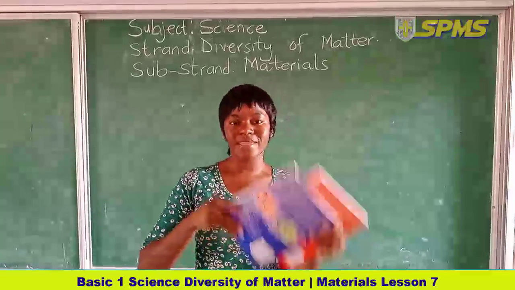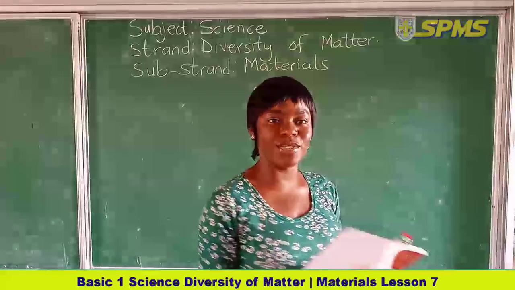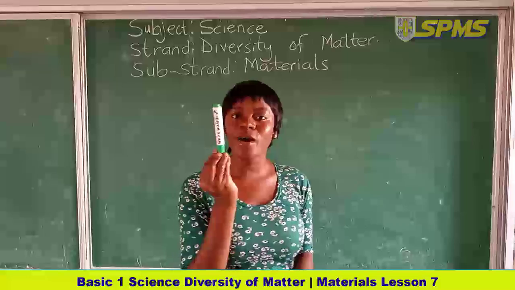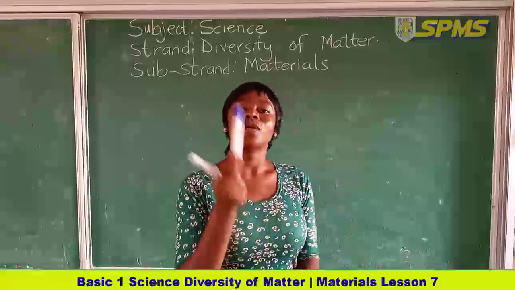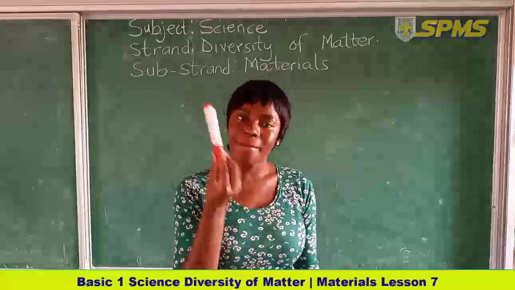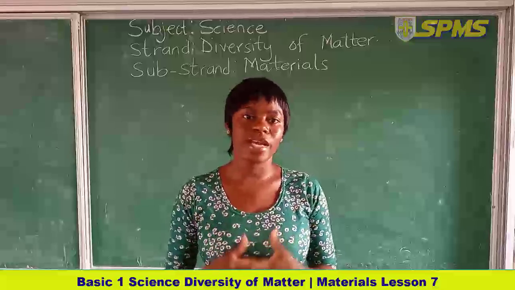The first one is, which color is this? This is blue. Good. This book is orange. I have green what? Marker. Blue marker. And red marker. So you can classify materials based on their colors.